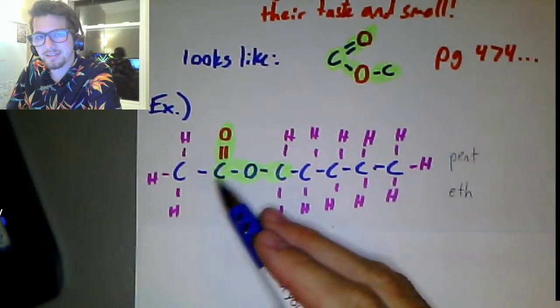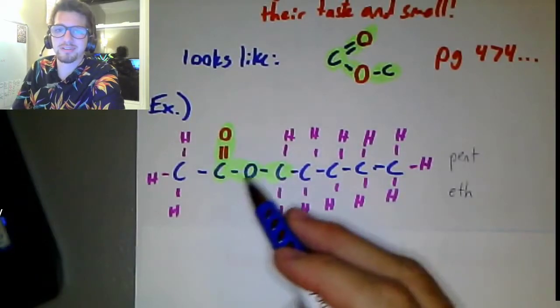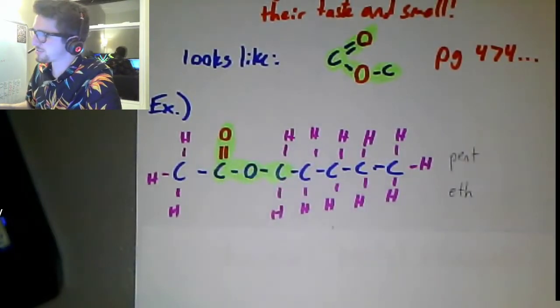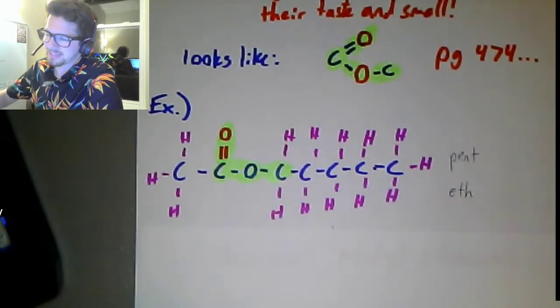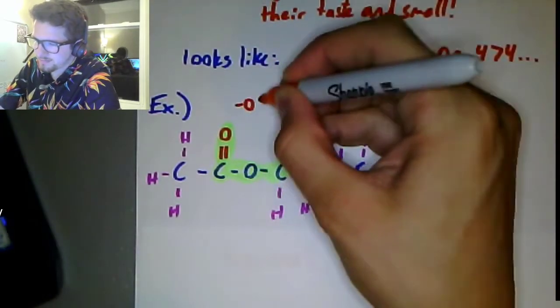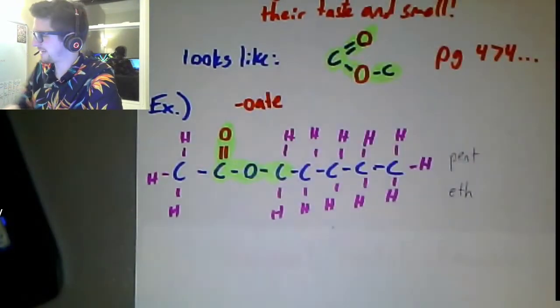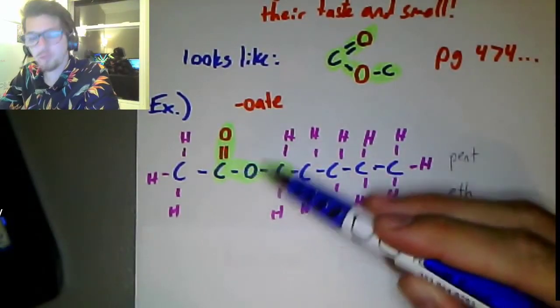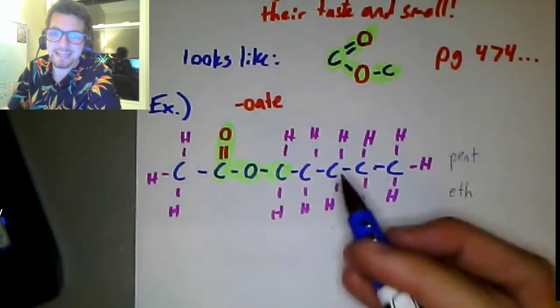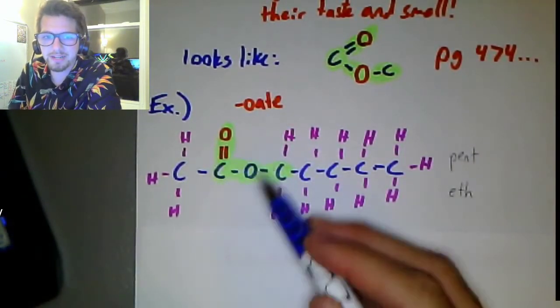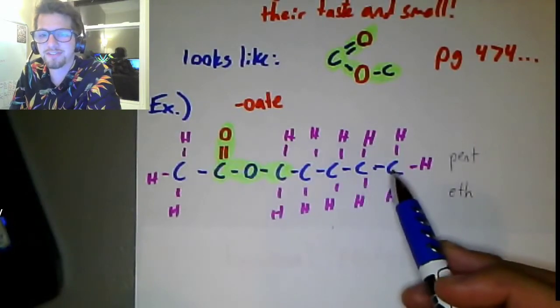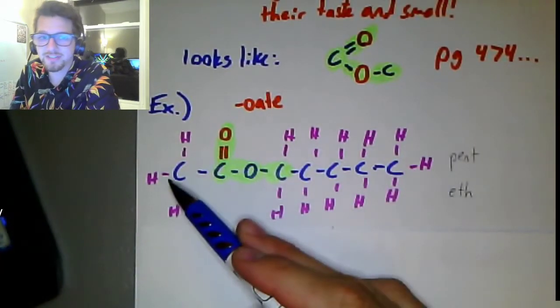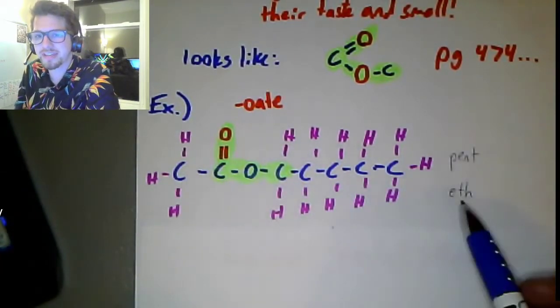Now, the prefix for one of these esters is kind of weird, and it's oate. I think we wrote that down in our little prefix page earlier. So the oate would go with the busiest side. Is the chunky buddy here on the left, further to the left or further to the right? Closer to the left. So I've got the 2 carbons here, the eth.